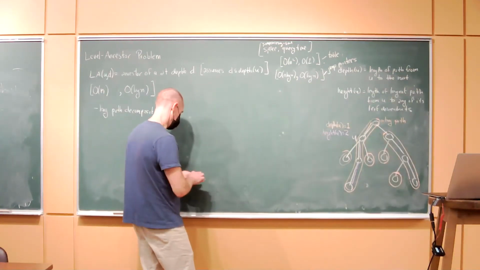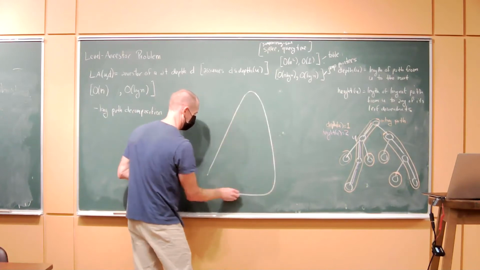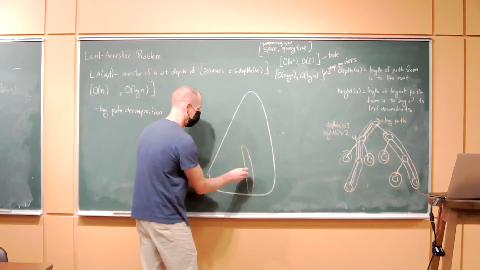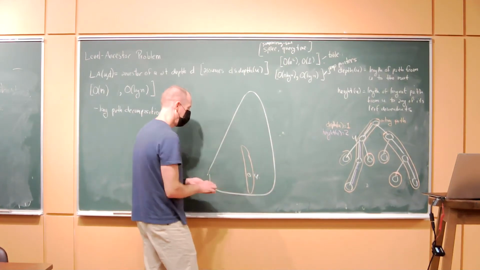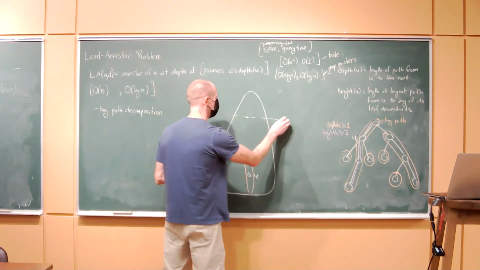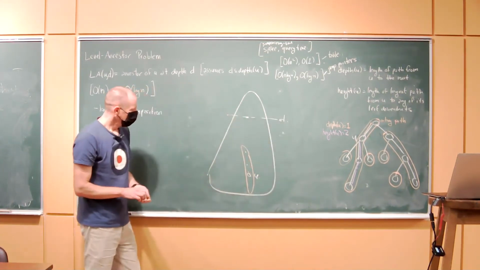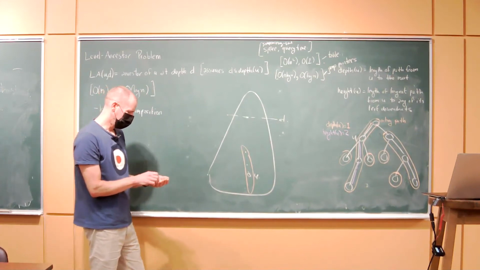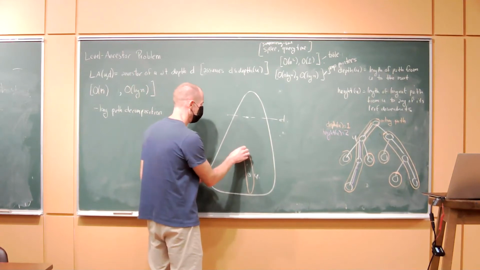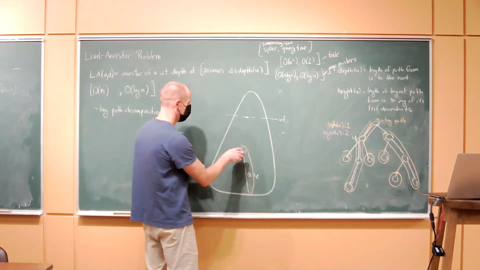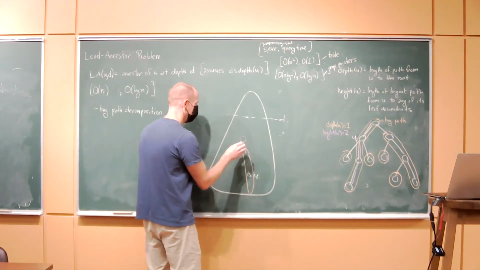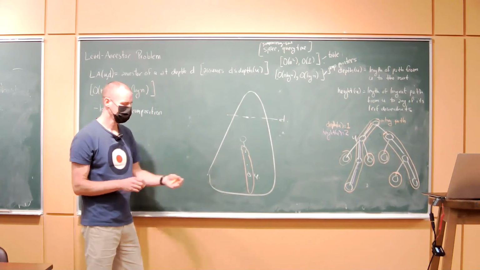So the generic picture looks like this. Here's the path that contains u, and you're asking me about some ancestor whose depth is up here. In which case, we can reduce that to this problem: you take this node, its parent is in a different path.